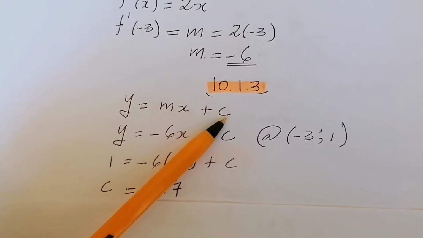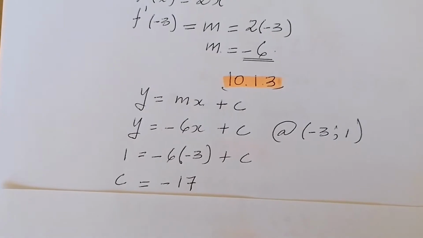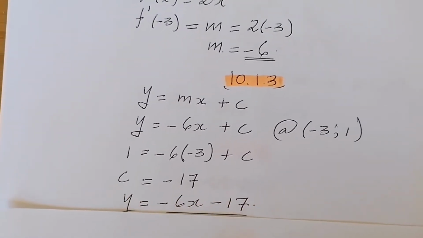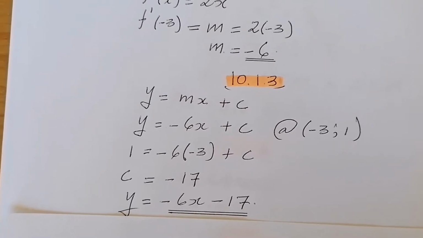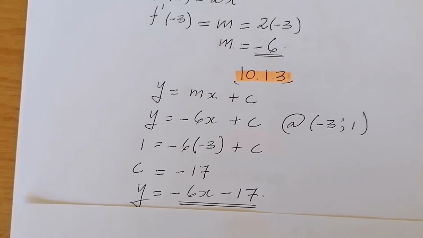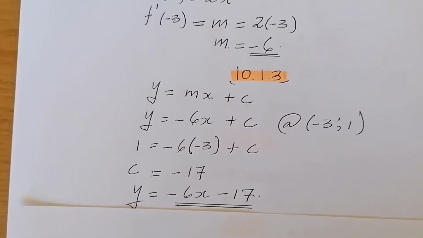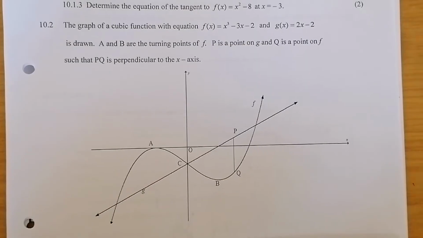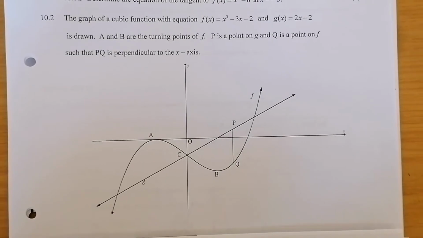I've got c, which is the y-intercept. Therefore, now I'm answering the question. The equation of a tangent at a point x is equal to minus 3 is y is equal to minus 6x minus 17. We really did great in that particular question.